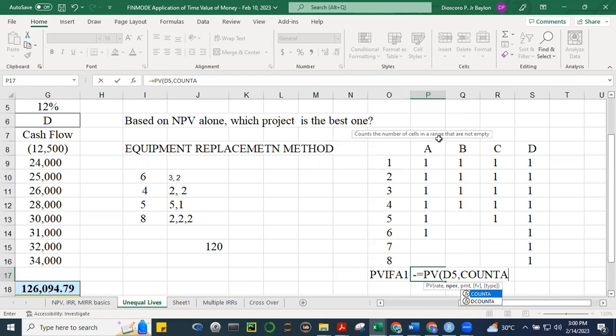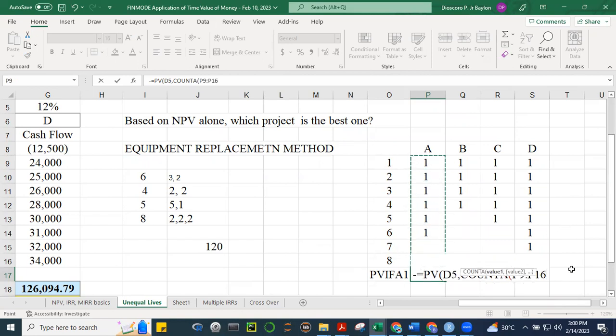Counts the number of cells in a range that are not empty. Okay, so the good thing about this is that I can now highlight this. Count A ko, yung buo. Tapos ang bibilangin lang niya yung may laman. Yan. So pag kinopy ko to the right, kahit na naka-highlight lahat, ang bibilangin lang niya yung 4 dito, dito 5, dito 8, no?